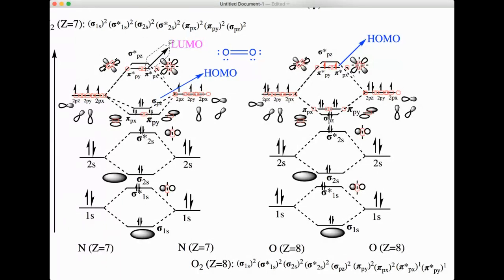That's very important, guys, because once again, if a molecule is going to give electrons to another molecule, those electrons will be coming from the HOMO orbitals. If the molecule is going to accept electrons for a new bond, the orbitals used for this bonding will be the LUMO. Okay, that's why we need to know that. So in oxygen, the HOMO is here and the LUMO is the sigma star.